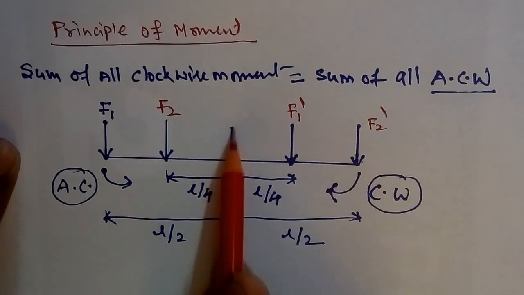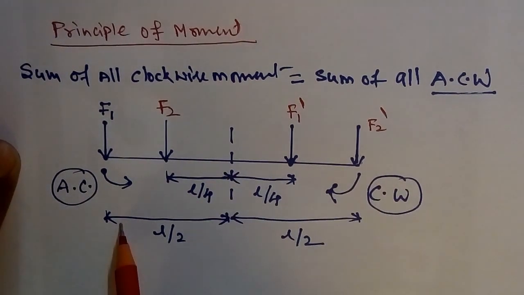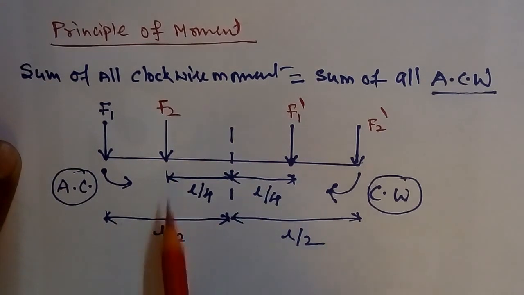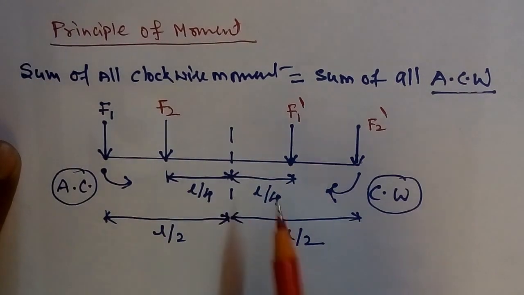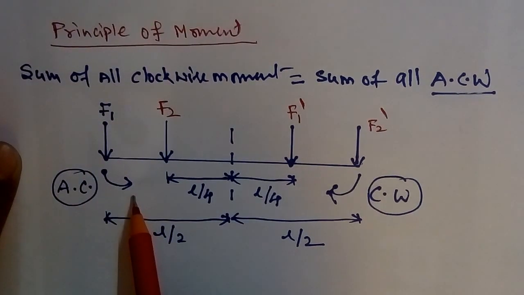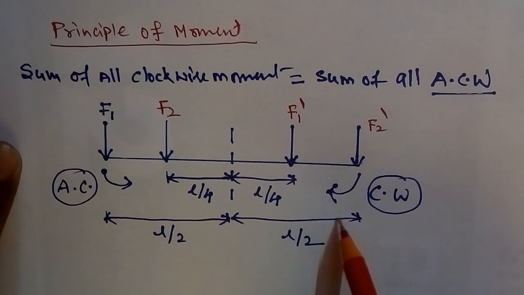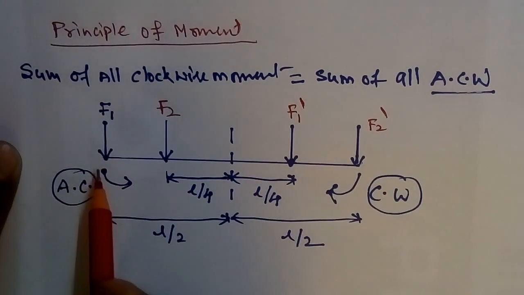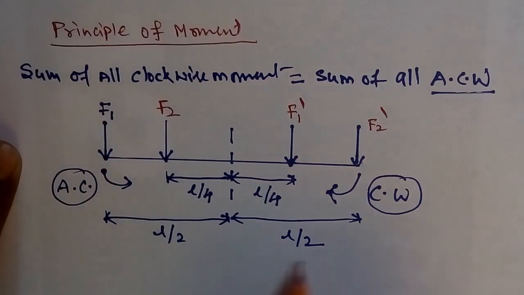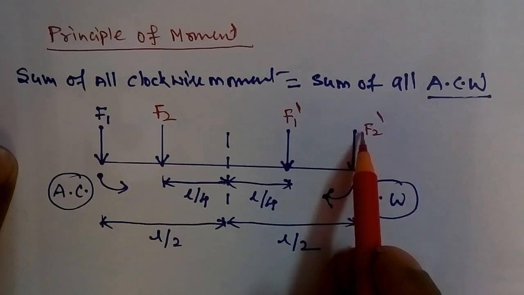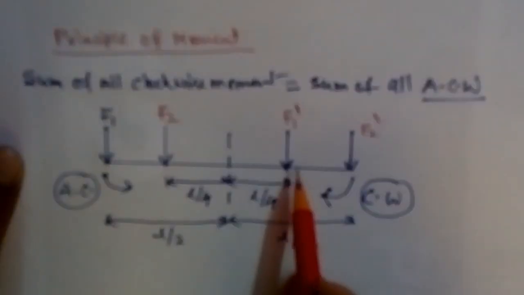Let the entire length be L. From here, this length is L by 2, and this length is also half of that, so it becomes L by 4. Now as you can see in the diagram, this particular moment is anti-clockwise and this particular moment is clockwise. Why is this anti-clockwise? Because it has a tendency to turn this particular system in the anti-clockwise direction.